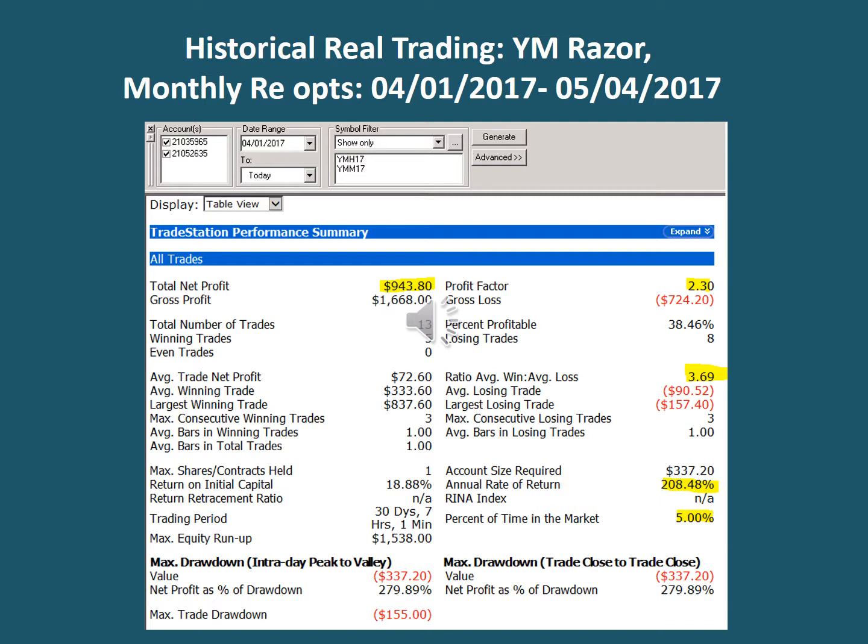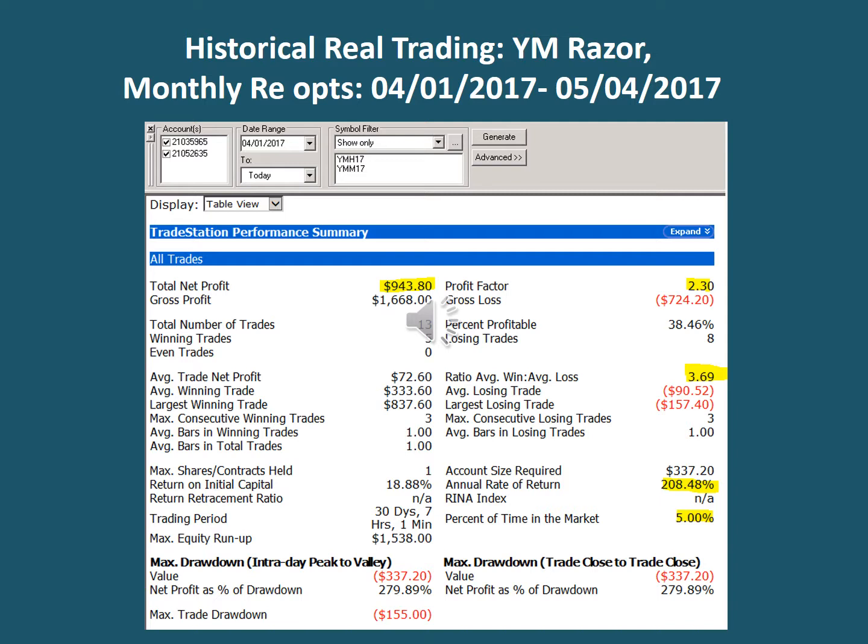This shows that in the period, which is basically 30 days and 7 hours, there's been 13 trades, about a trade every other day type thing. 38% have been right, so it's less than half right. It has made $2.30 for every dollar it's lost, and the average winner is 369 to 1. In other words, the average winning trade is 333, and the average losing trade is only $90.